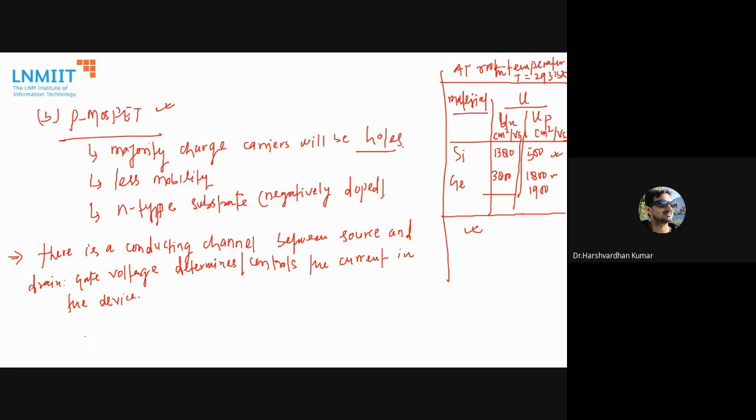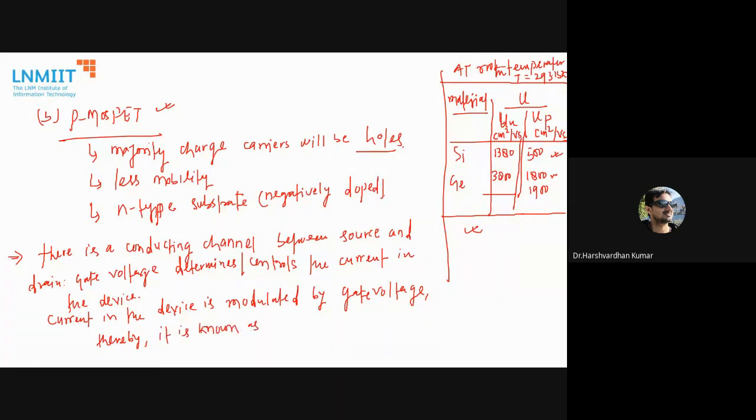So it means that the current in the device is modulated by the gate voltage, thereby the MOSFET is known as a voltage controlled device.